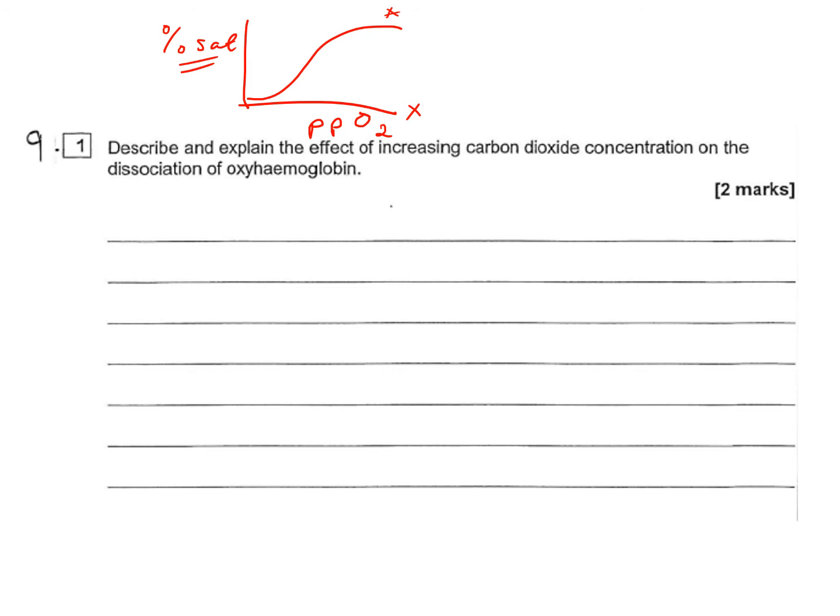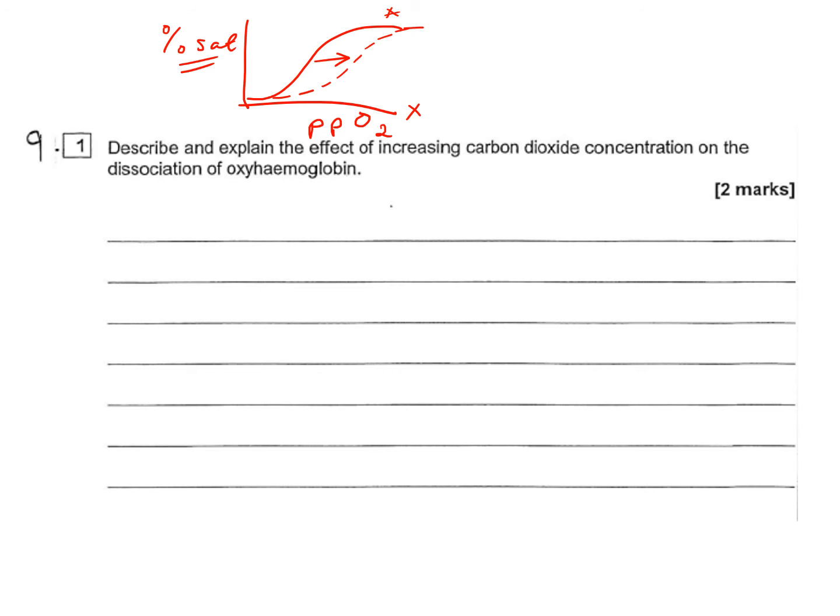Now, if you add carbon dioxide into the mixture, and CO2 is a waste gas from aerobic respiration, that sigmoidal shape curve shifts to the right-hand side. So what happens is the carbon dioxide lowers the affinity of hemoglobin for its oxygen, and therefore there's more dissociation of oxygen from the oxyhemoglobin in the presence of carbon dioxide.